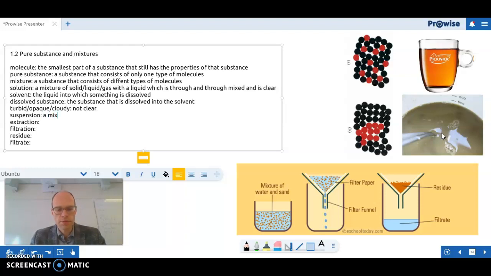A mixture again of a solid and a liquid, which is not mixed through and through and is turbid.